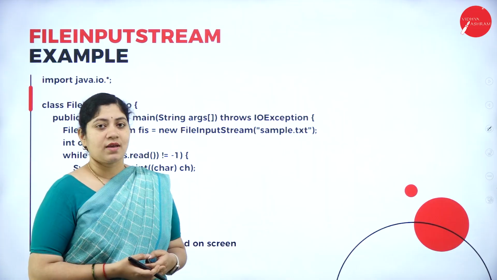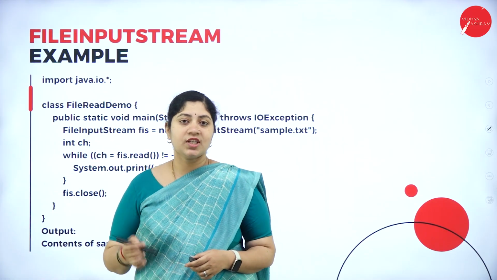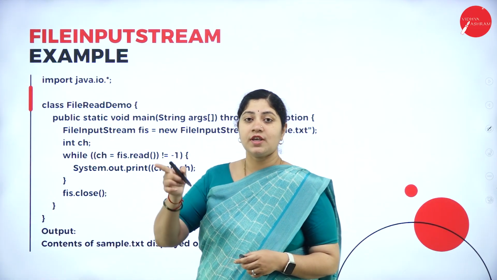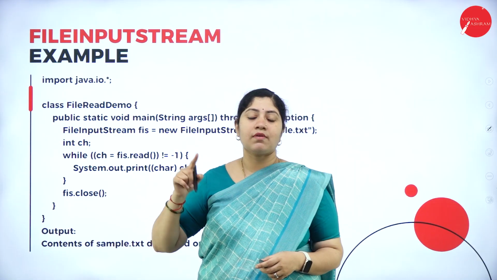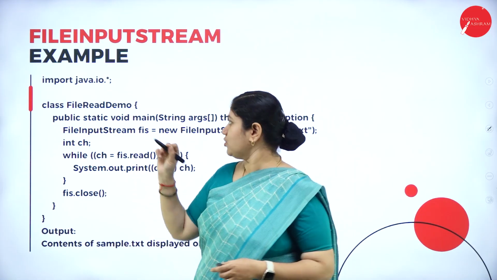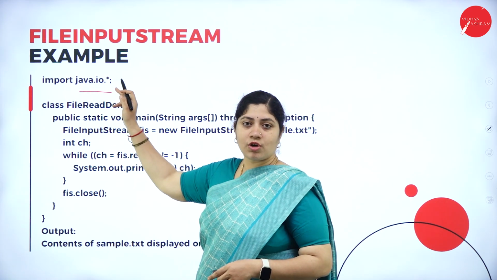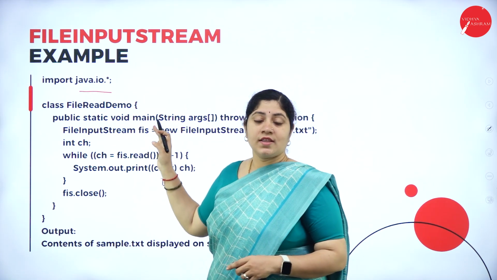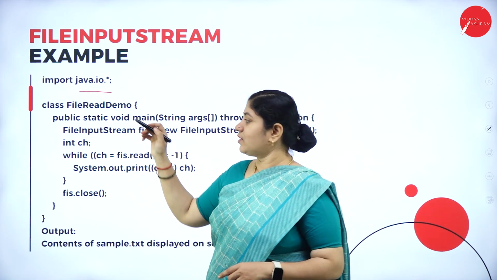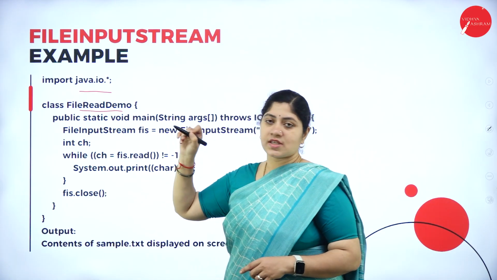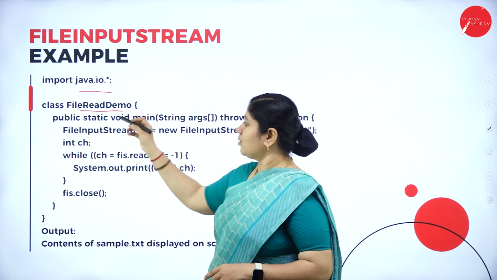All right, let's see an example over here. As we know, the initial thing we have to do is include the java.io package. So that's our initial step, import java.io. Okay, that's done. Then we create the class, class FileDemo.